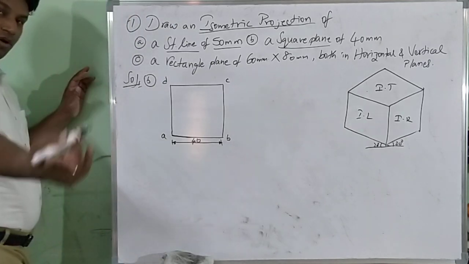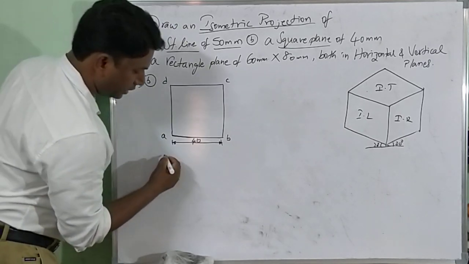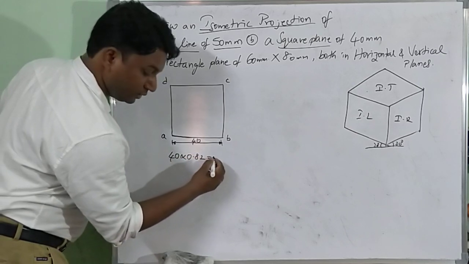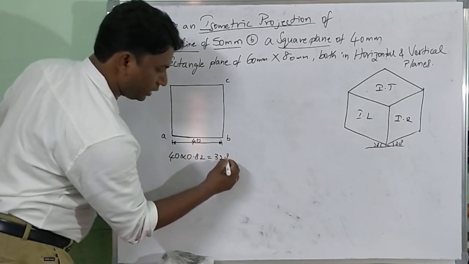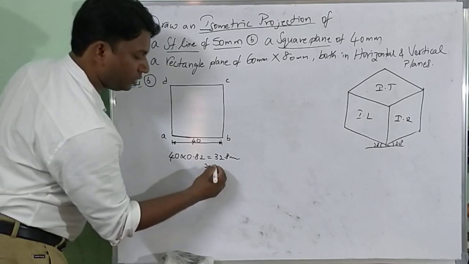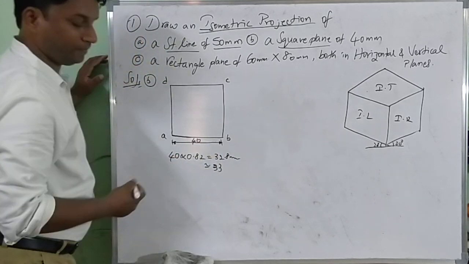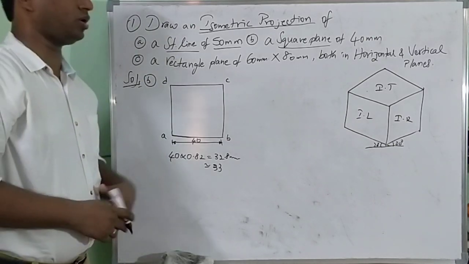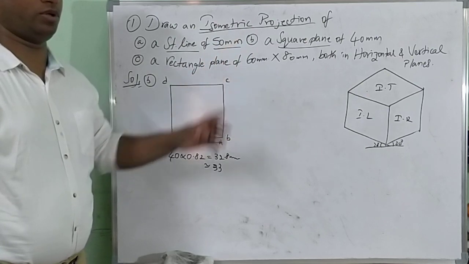But when you are going for isometric projections, 40 into 0.82 will be equal to 32.8 mm. Approximately you can take 33. This number has to be used to draw the square plane isometric projection.